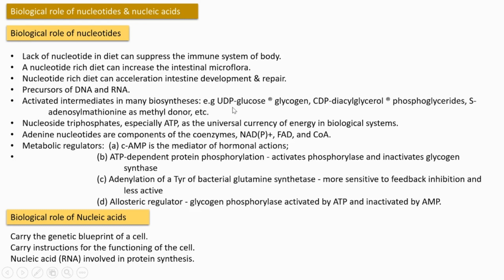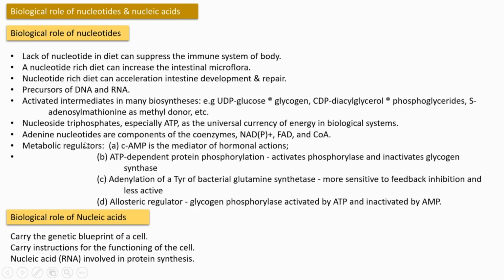For example, such nucleotides are UDP-glucose, UDP-glycogen, then CDP-diacylglycerol. So many are there. Then next one, the nucleoside triphosphate, that is ATP, acts as the universal energy currency for almost all biological processes.